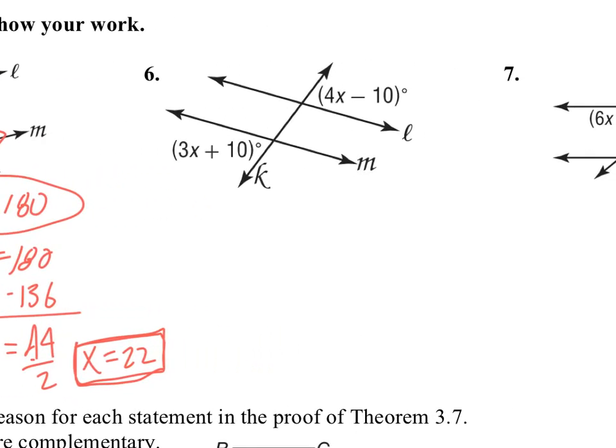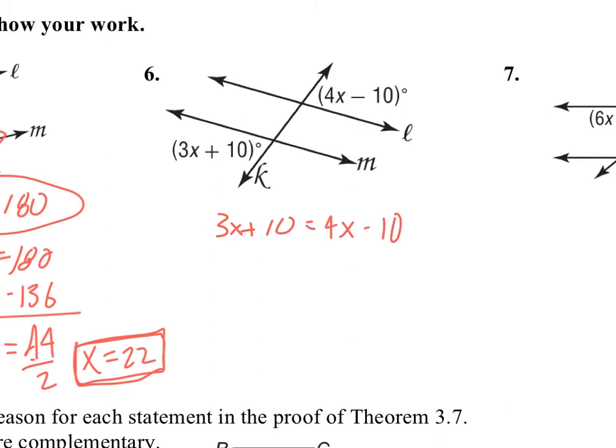Number 6, these angles are alternate interior angles. If lines L and M are parallel cut by transversal K, then these two angles here are congruent. So I would set 3x plus 10 is equal to 4x minus 10.